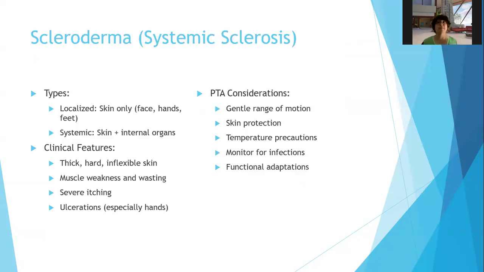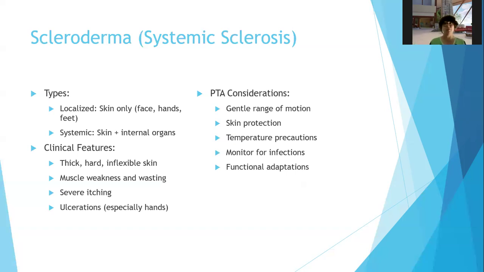Scleroderma is a systemic sclerosis. Sclerosis means hardening. There's a localized type and a systemic type. The localized type involves the skin only, face, hands, and feet. The systemic involves the skin and internal organs. It's idiopathic. The clinical features include thick, hard, inflexible skin.